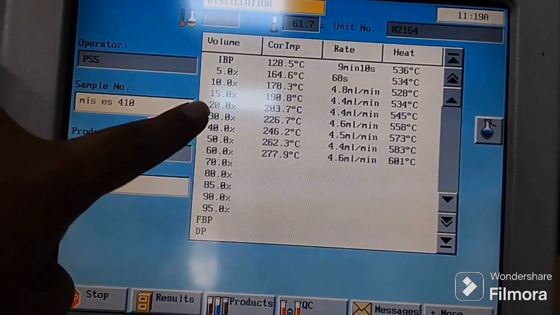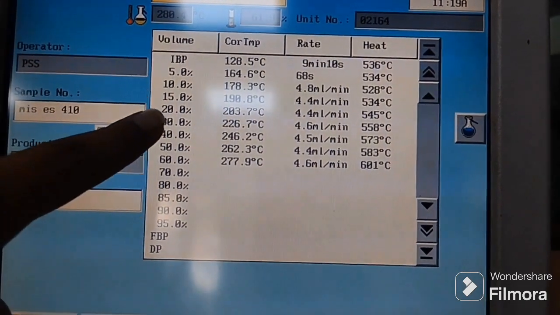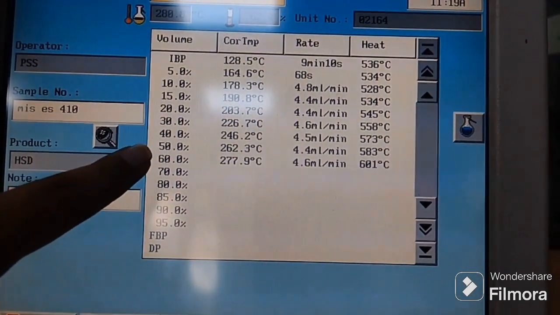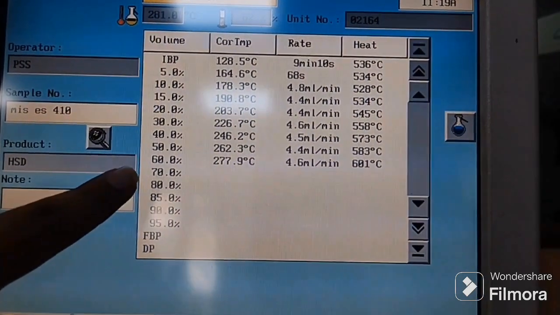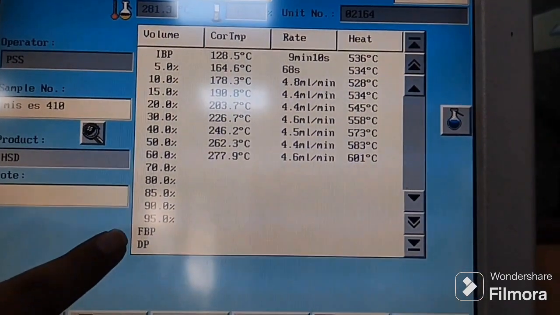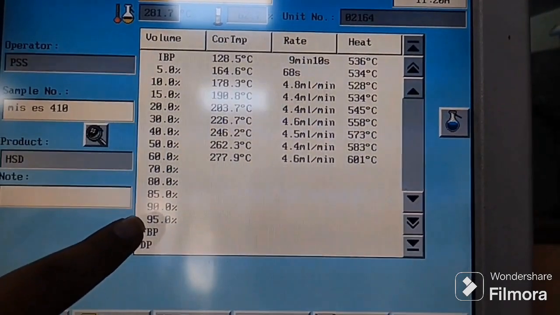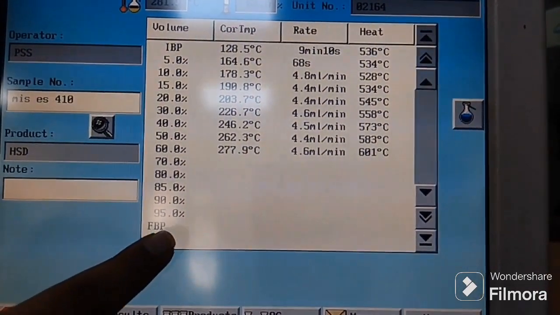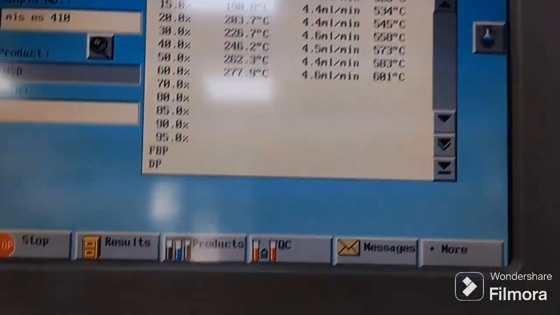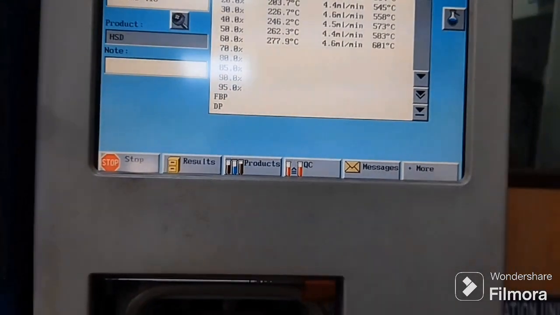And here we have the volume recovered: 5%, 10, 15, 20, 30, 40, 50, 60, till 95, and then finally FBP, the final boiling point, where 100% of the sample has been recovered on condensation back into the cylindrical flask.